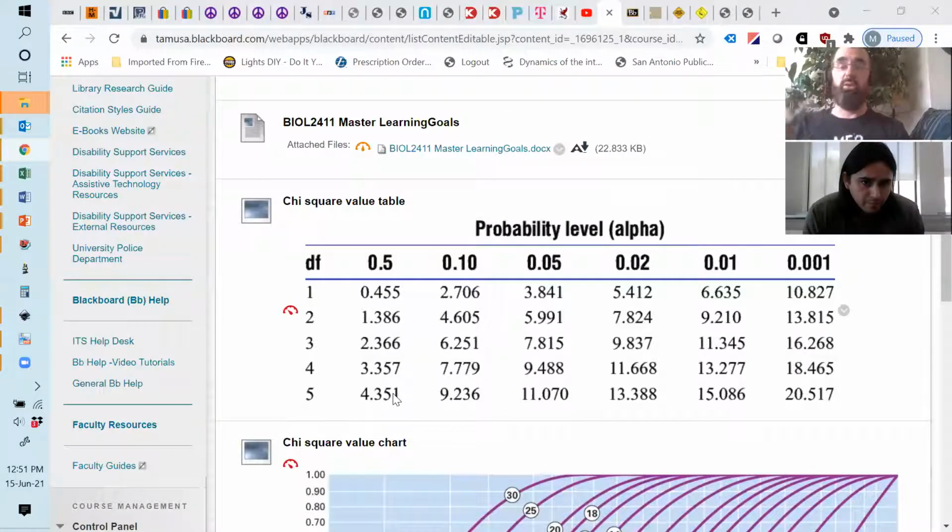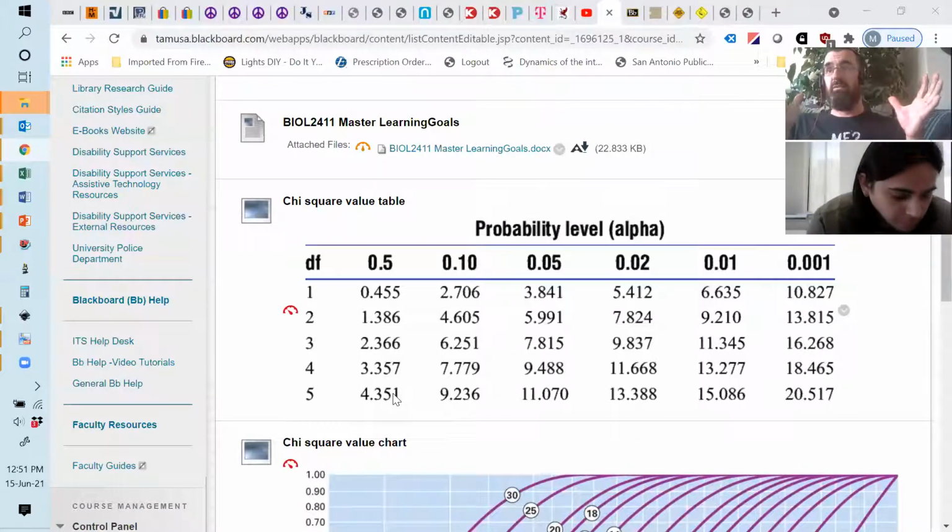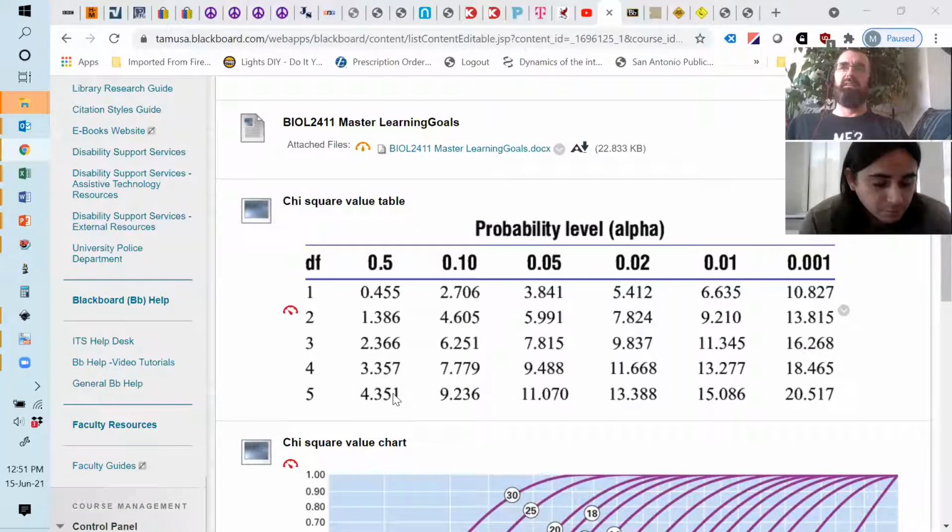That's actually a very key point. It's a good question, and it's a key point in doing this, one that students sometimes don't get. You have to take the total number of observations and multiply that by the probability of the one that you're interested in, your expected probability. That will give your expected number for that particular outcome. Does that make sense? Yes. The observed will be given by you.